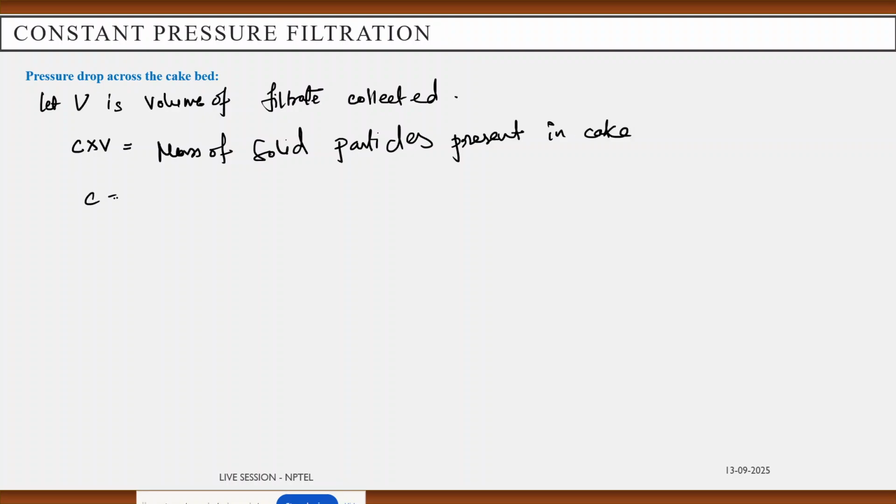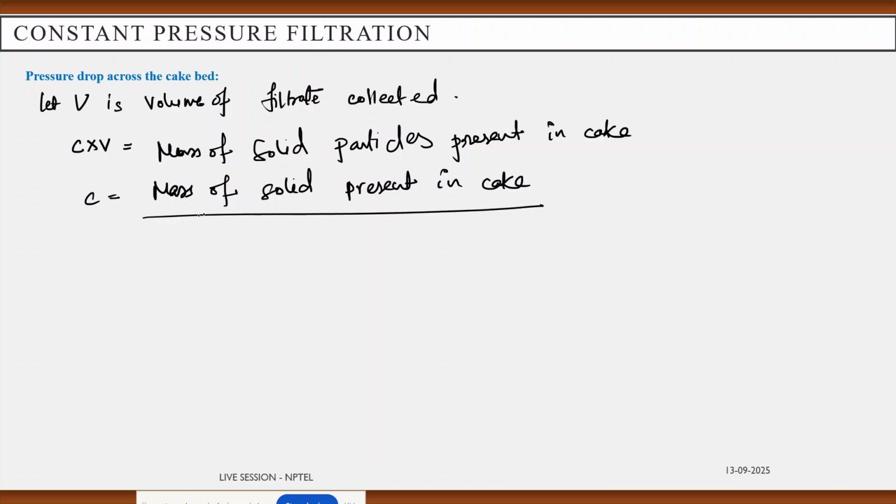C is the concentration. C is defined as mass of solid present in cake by volume of filtrate collected.